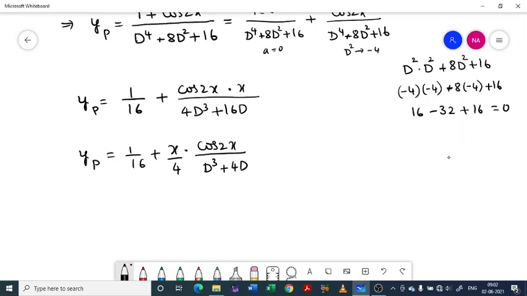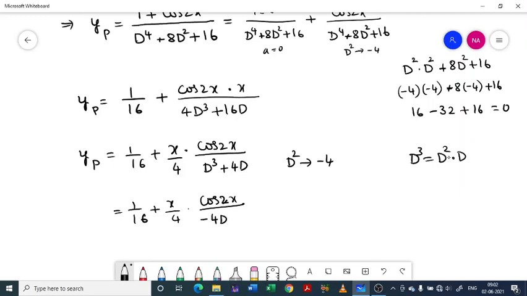That d cube you can write as d square into d. Right? Now replacing d square by minus 4, you will be getting 1 by 16 plus x by 4 into cos 2x divided by minus 4d plus 4d. Again you are getting denominator 0. So okay, this is not possible. You have to differentiate it again.